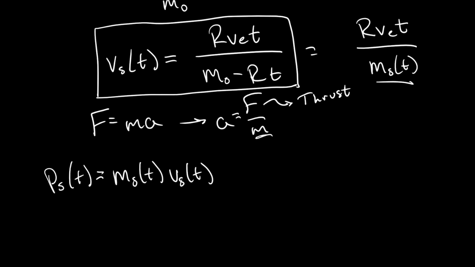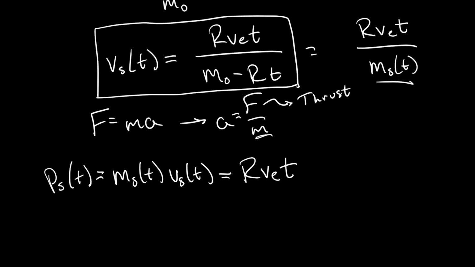Well, as we already wrote, the velocity of the ship is related to the mass of the ship, so that actually cancels out, and I just get something which is RVET.